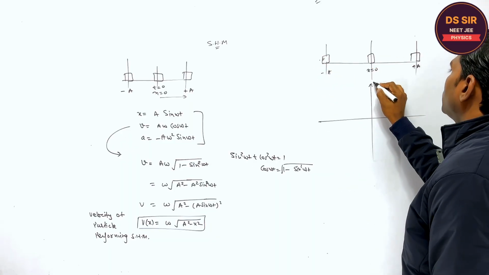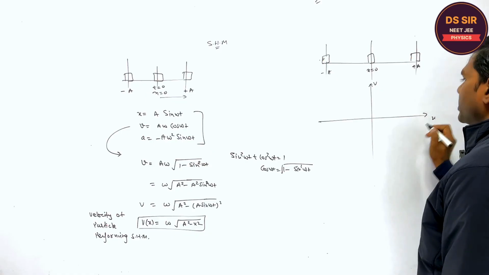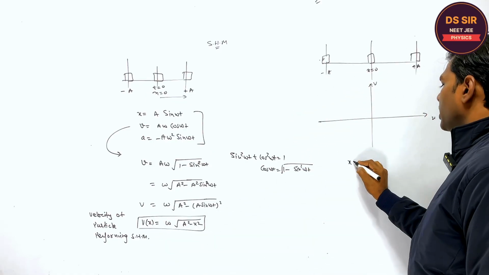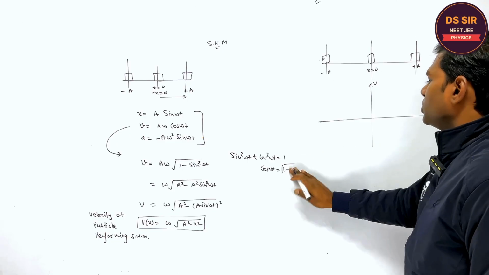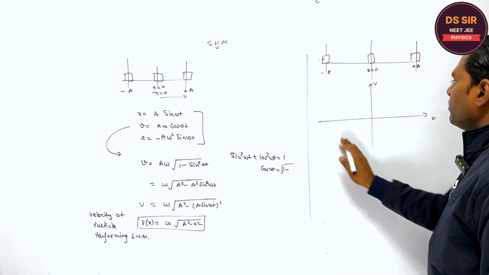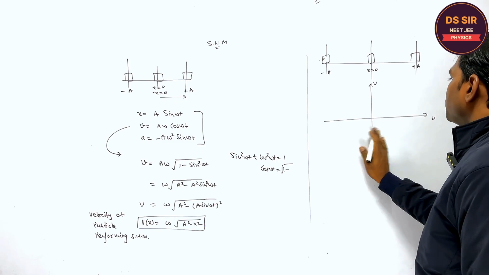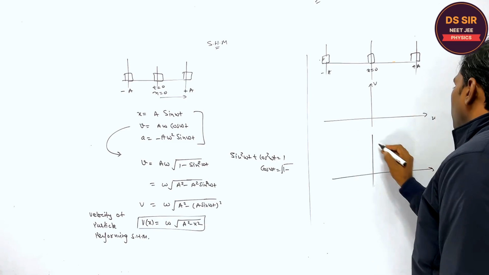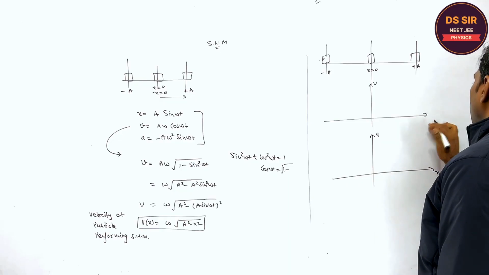If you draw the graph between velocity and x, at x equal to 0, you can leave a little space, because here I will make the graph of the acceleration versus x.